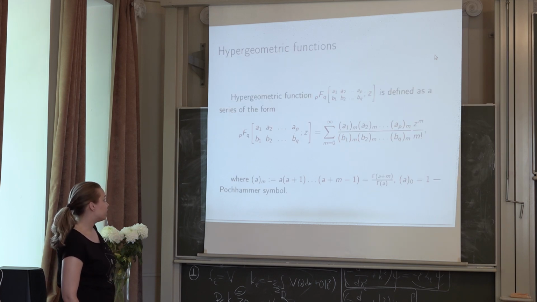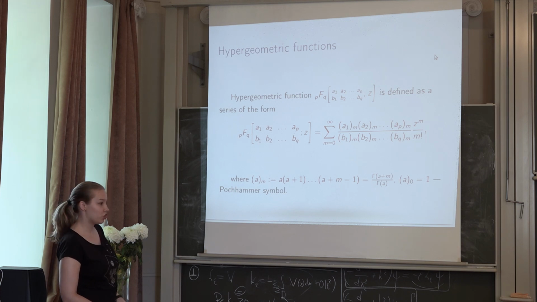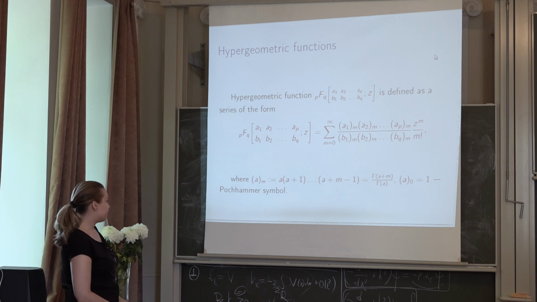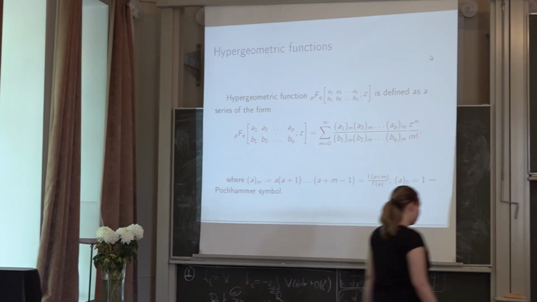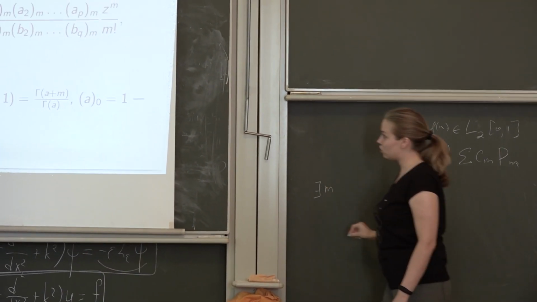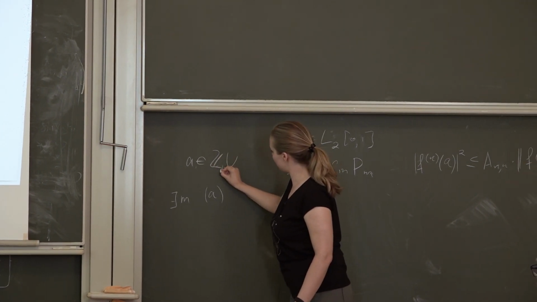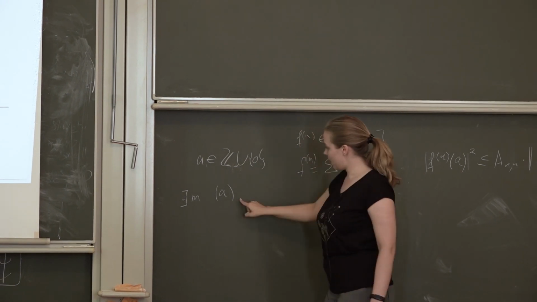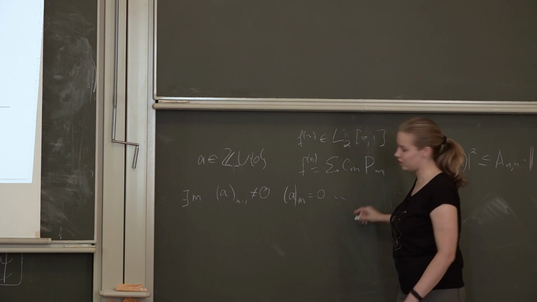The hypergeometric function is defined as such a series, where a and b are complex numbers, but the denominator parameters are not negative integers or 0. (a)_m is a Pochhammer symbol, and let's notice that if one of the numerator parameters a is equal to a negative integer or 0, then there exists m such that (a)_{m-1} is not equal to 0, but (a)_m is equal to 0, and the next ones are equal to 0.